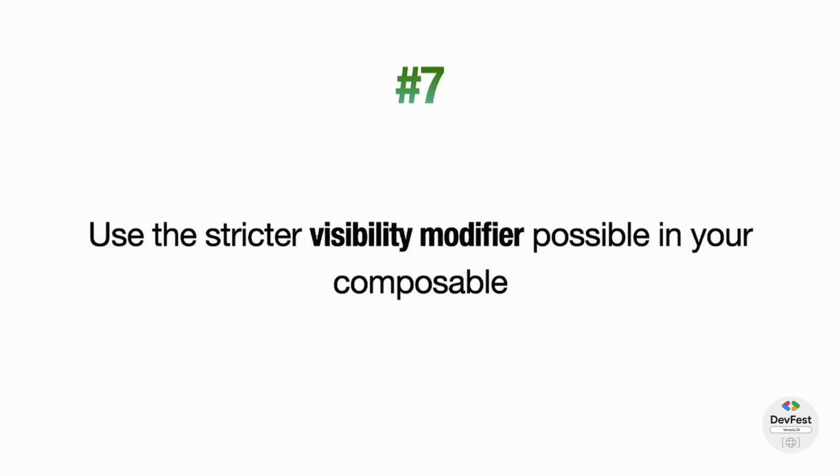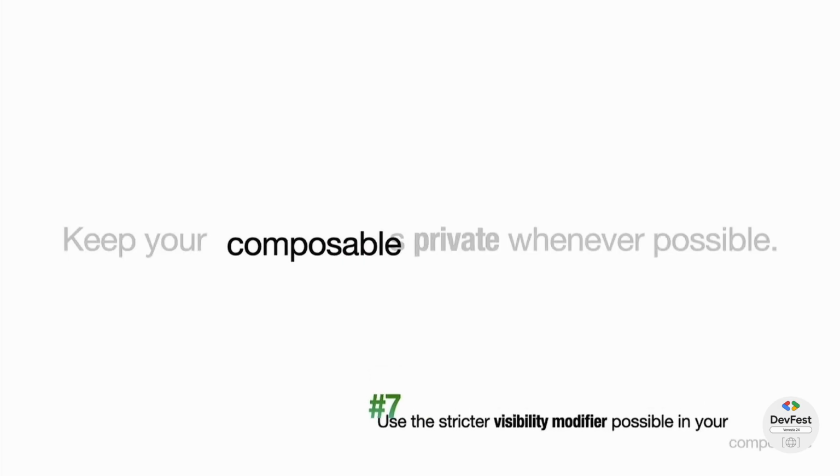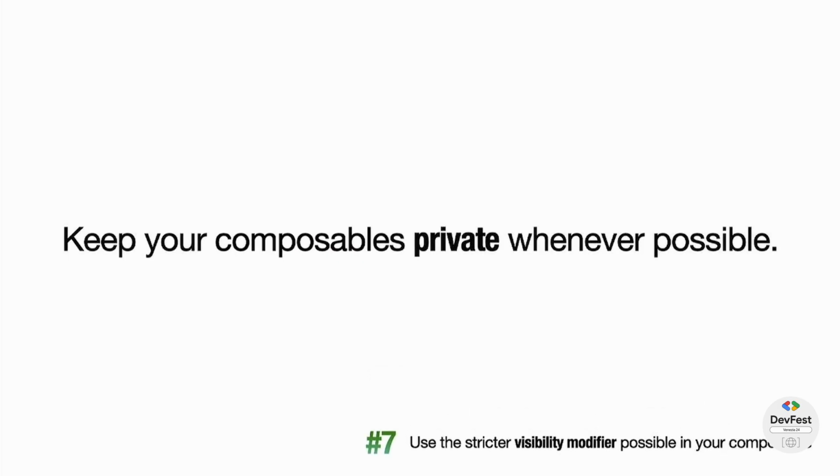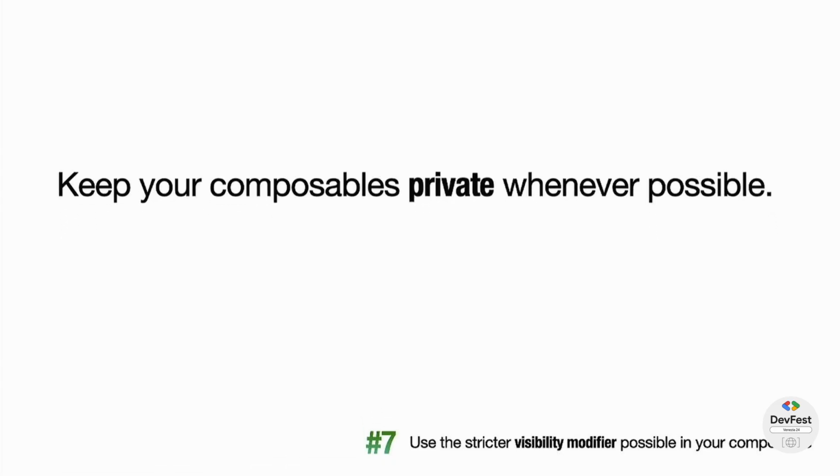The 7th tip is use the strictest visibility modifier possible in your composables. Keep your composables private whenever possible, because when you are writing code, if you have all your composables public, you can get more suggestions than you may like, when you are only using that composable in some other screen.